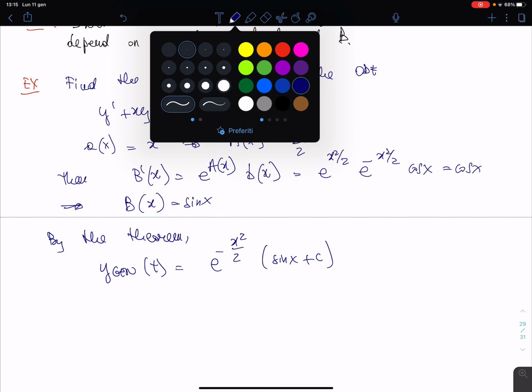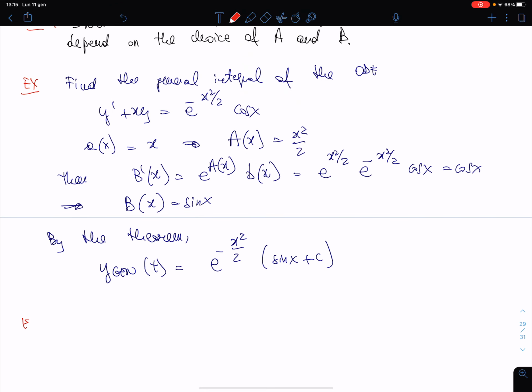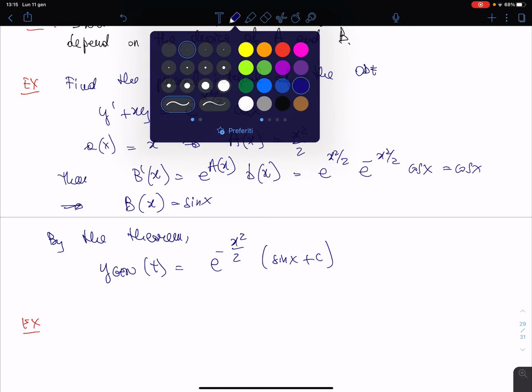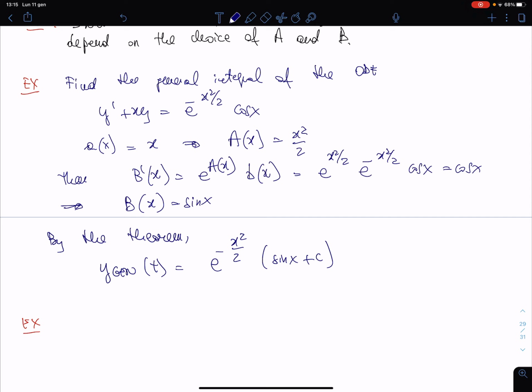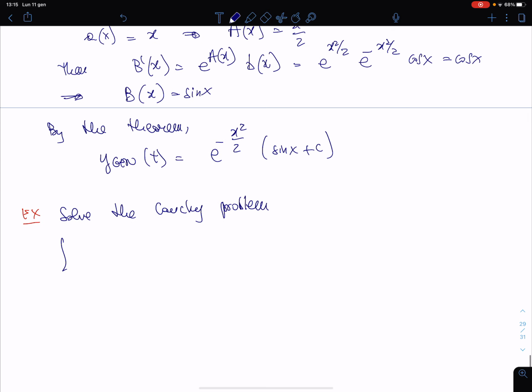So another collateral exercise to this is the following. Solve the Cauchy problem: y prime plus xy is equal to e to the minus x squared over 2 cosine of x, so the one before, and then y of 1 is equal to e, for instance.